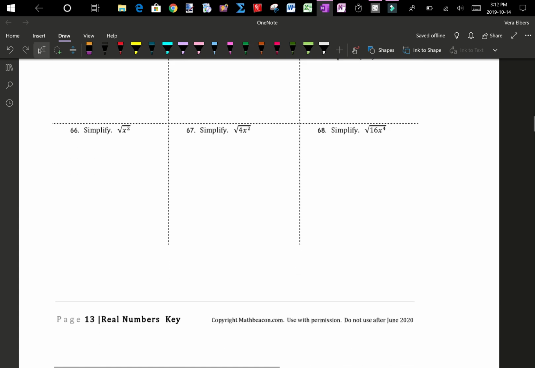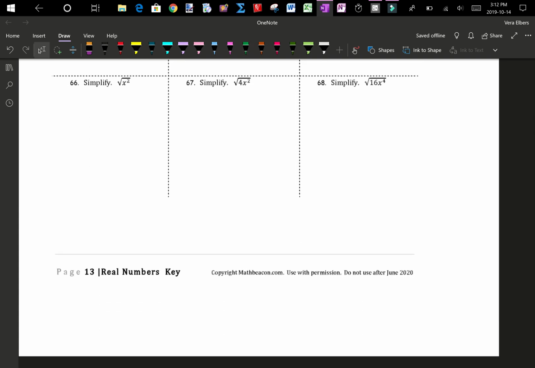So let's go down to number 66 and have a look at how we get the square root of x squared. Remember, what you want is what two variables this time that we're going to multiply together will give us x squared.